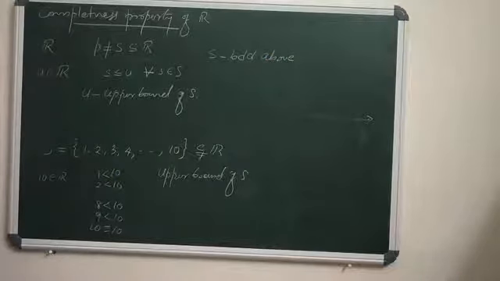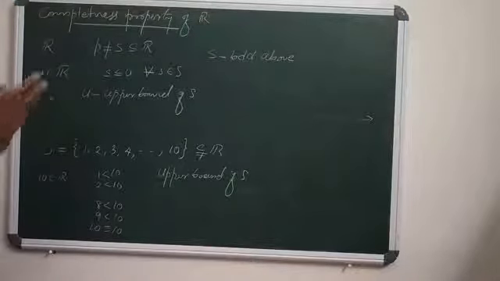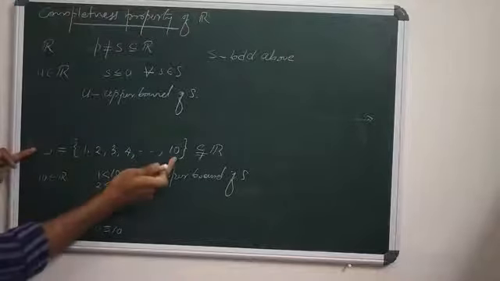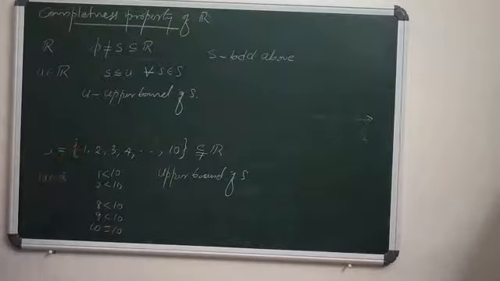A set is said to be bounded above if it has an upper bound. So, here S has an upper bound, 10. So, S is bounded above.